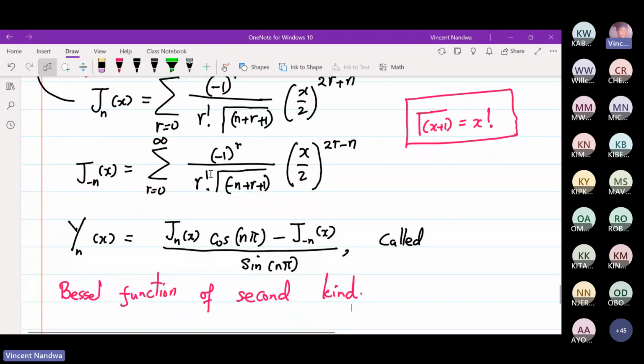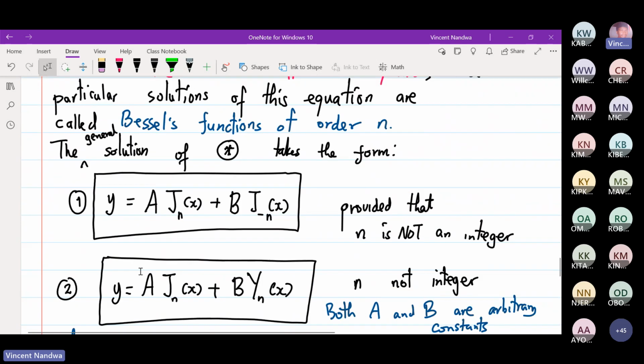Before we do a specific example, it should be noted that the general solution can be given either by 1 or 2, where y equals a Jn of x plus b J minus n of x, or y equals a Jn of x plus b Yn of x.